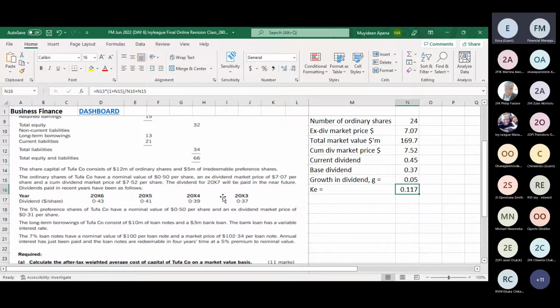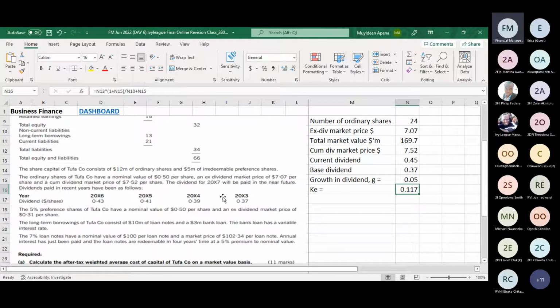So just for you to know, this is D0, not D1, and what we have done is correct. The reason is that you shouldn't be tempted by the words near future. The question is what year this dividend is for. It's for the current year of 20x7. So it remains D0. The only thing about that near future is that it's consolidating on the statement that there's a cum div market price.